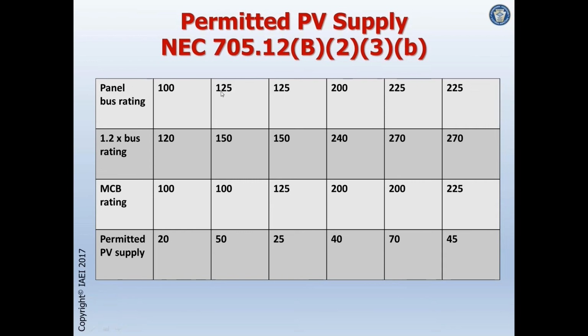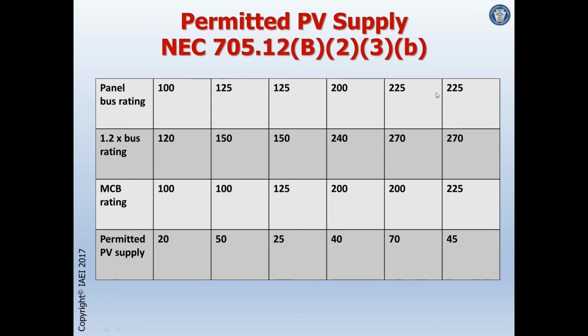If I had a 125 with a 100 amp main, I'm allowed 50 amps. But if I had a 125 amp panel bus with a 125 amp main, I'm only allowed 25. So there's an interaction between the main circuit breaker rating and the panel bus, and that determines what the permitted PV supply is using the 120% rule.